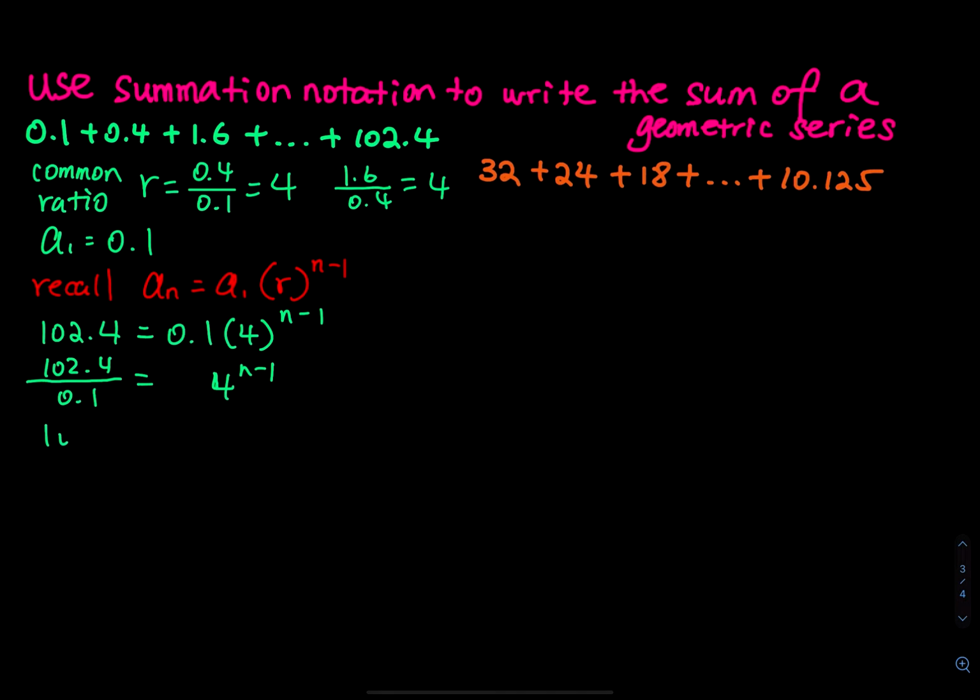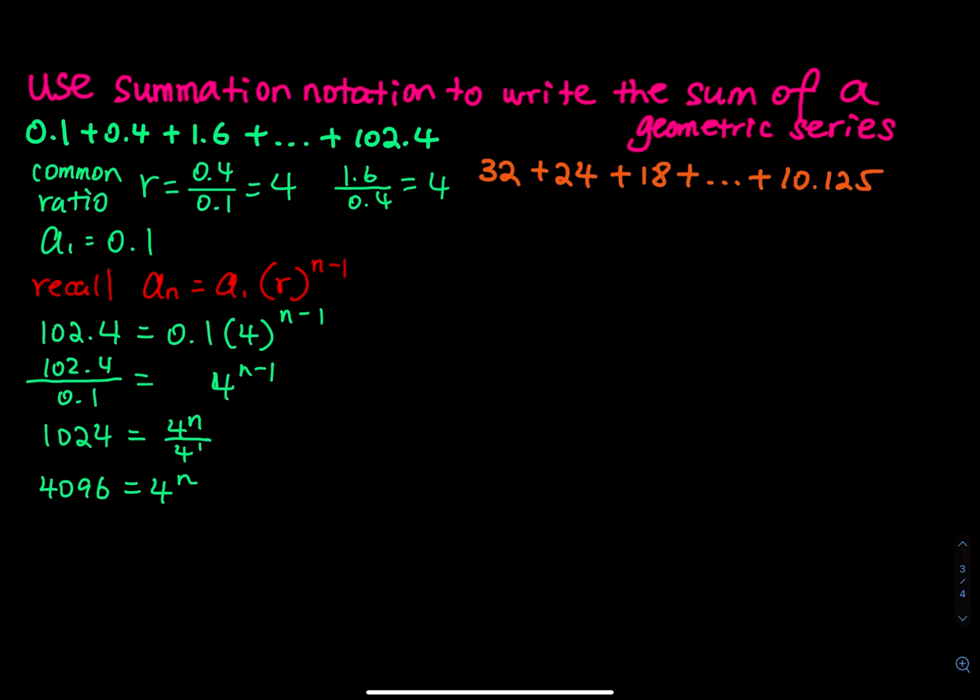This is 1024 equal to 4 to the n minus 1, which is 4 to the n divided by 4 to the first, right? And then you multiply both sides by 4, you get 4096 equal to 4 to the n. You know what? This one you will have to try.